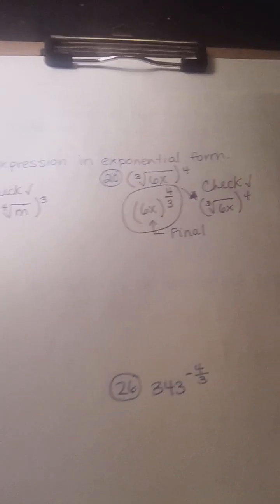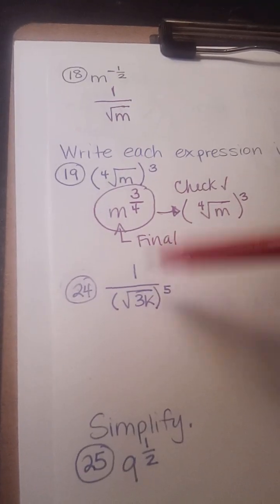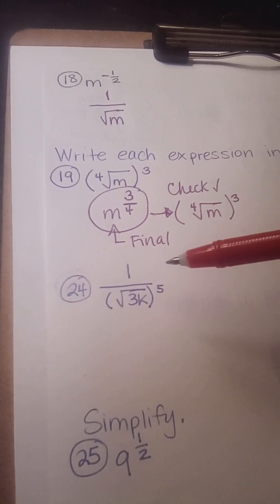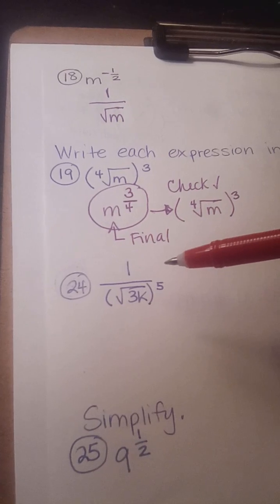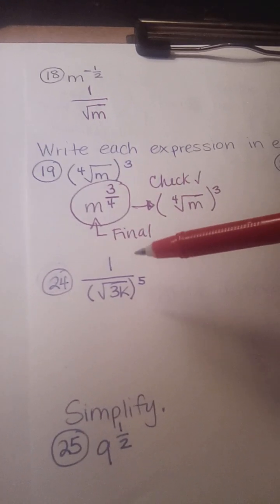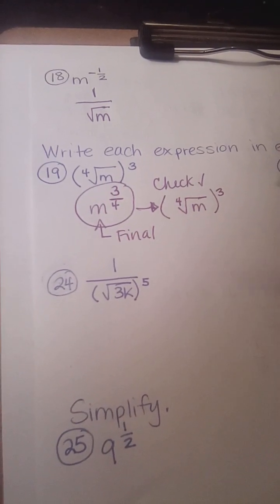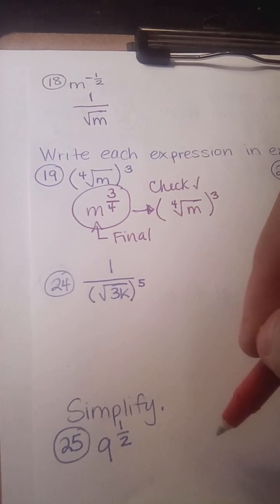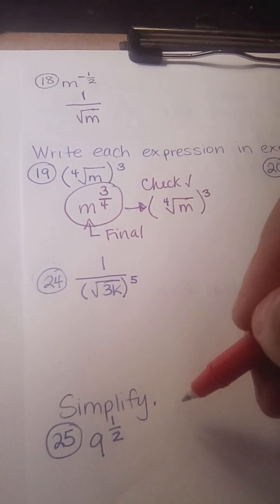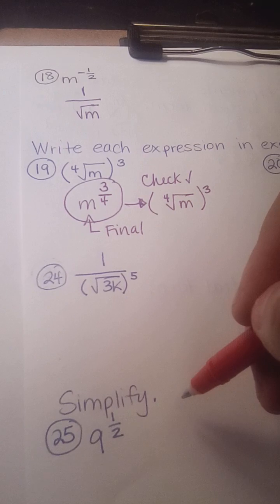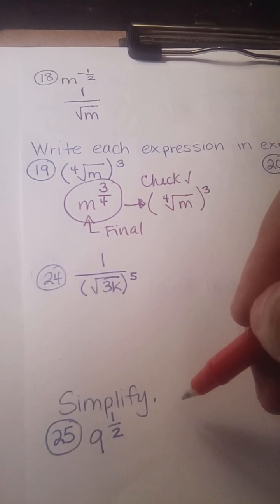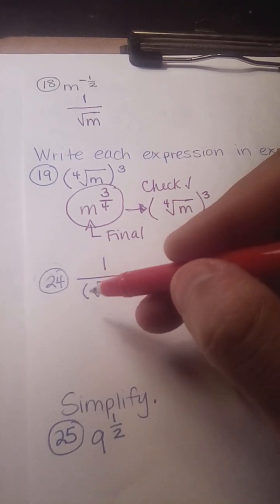All right, let's move on to number 24. We have the fraction 1 over open parentheses square root of 3k close parentheses, with the index of 2 and the power of 5. All right. What is the base? Is it the 3k, the 5, or the imaginary 2?